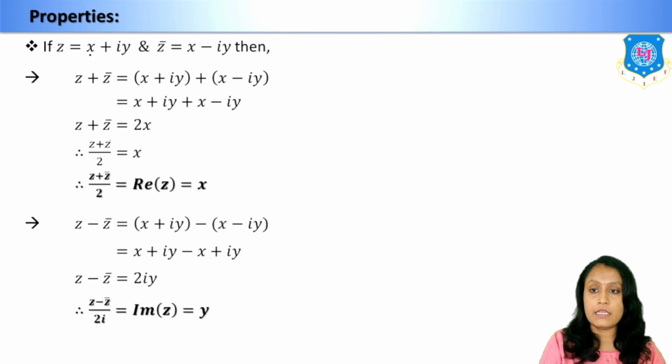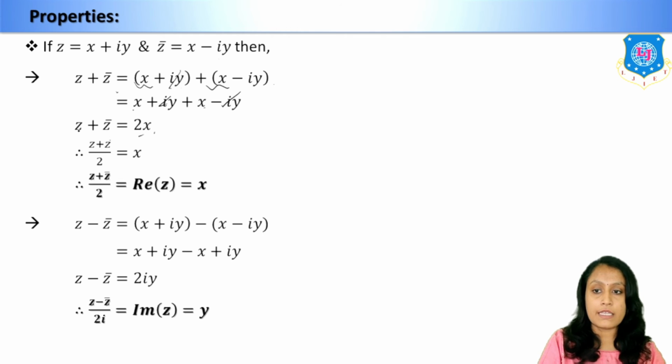So the first one: if z is equal to x plus iy and z bar is x minus iy, its conjugate, so z plus z bar. Z is x plus iy plus x minus iy. Now add the real terms. So x plus x you will get 2x and the iy will get cancelled, right?